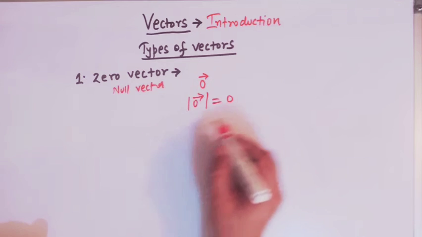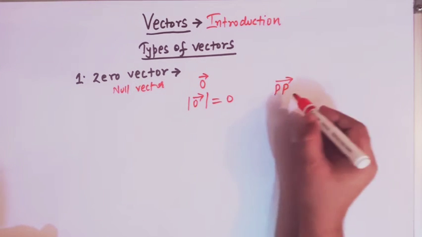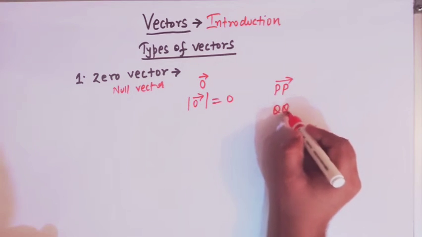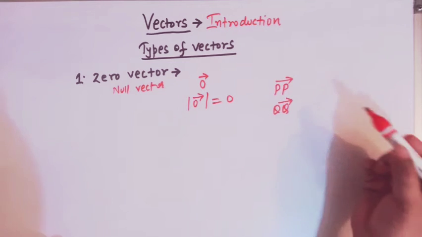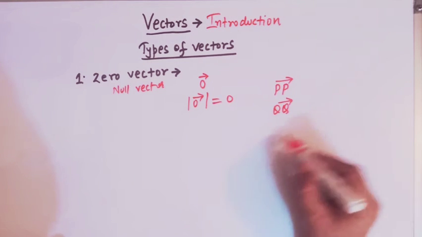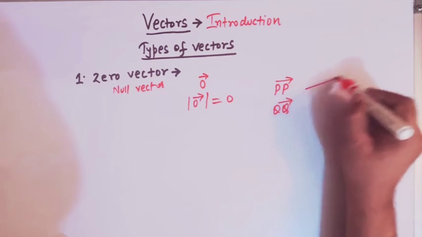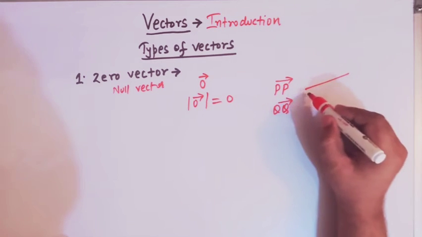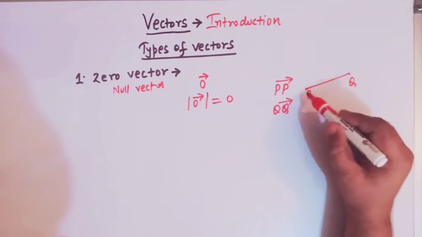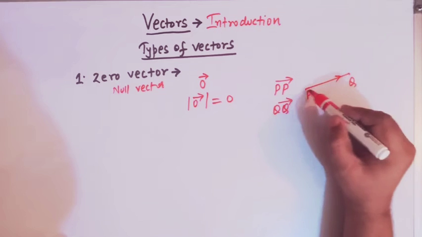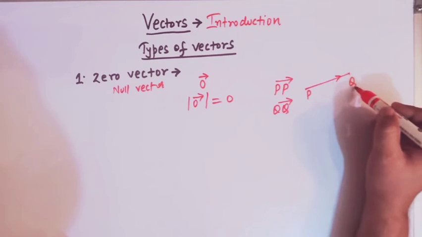For example, the vector PP or the vector QQ are known as zero vectors. Why? Because suppose we have a vector such that here we have P, and here we have Q, and this is vector PQ, where P is the initial point and Q is the terminal point.